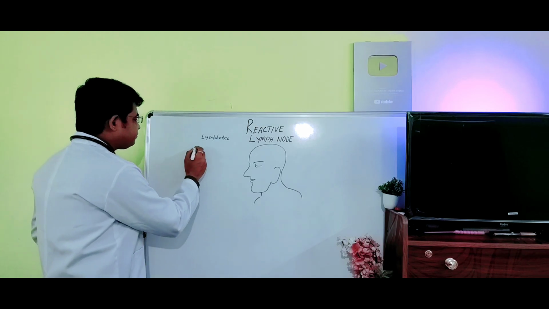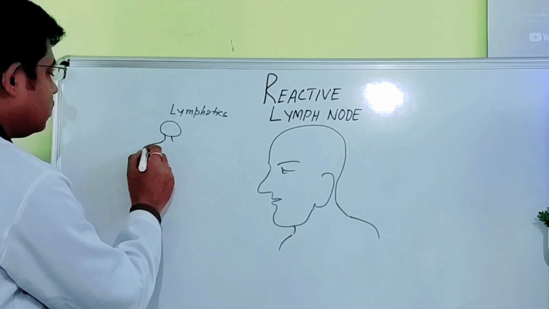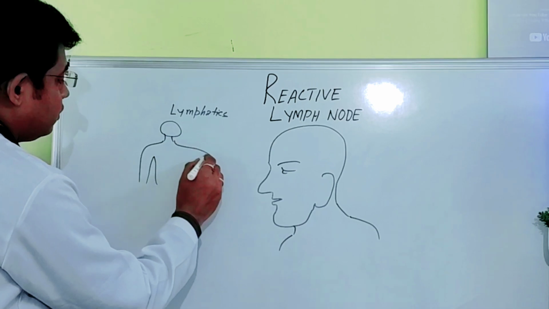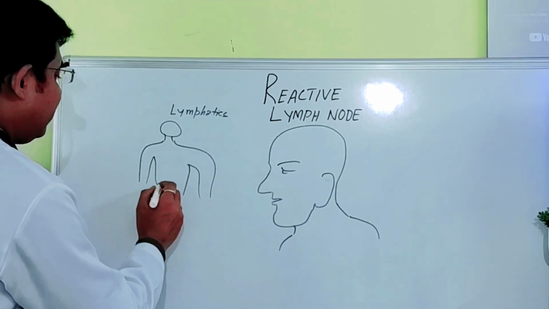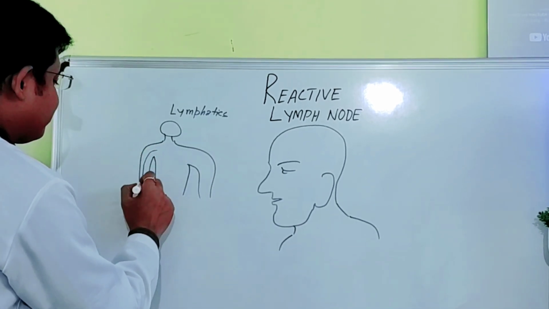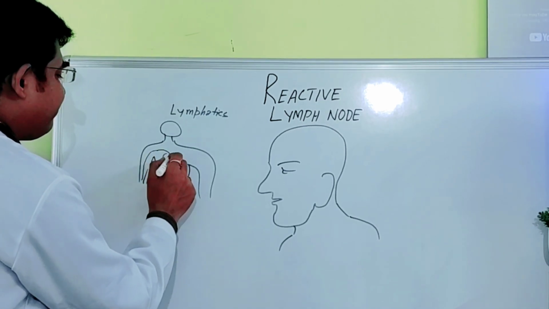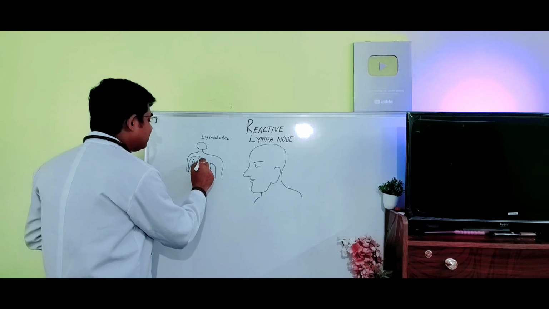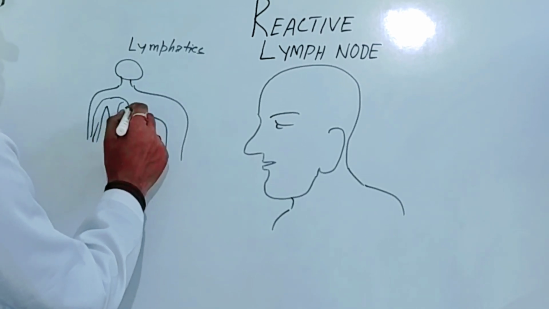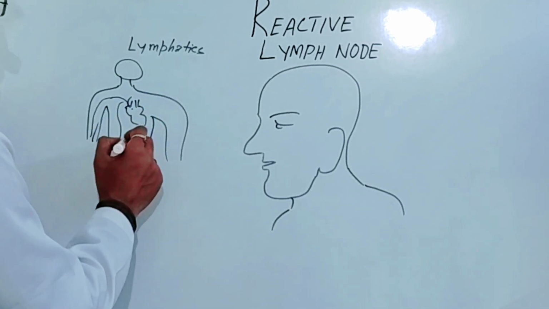In our body, there are numerous lymphatics. They usually drain into the main vessels of the heart.